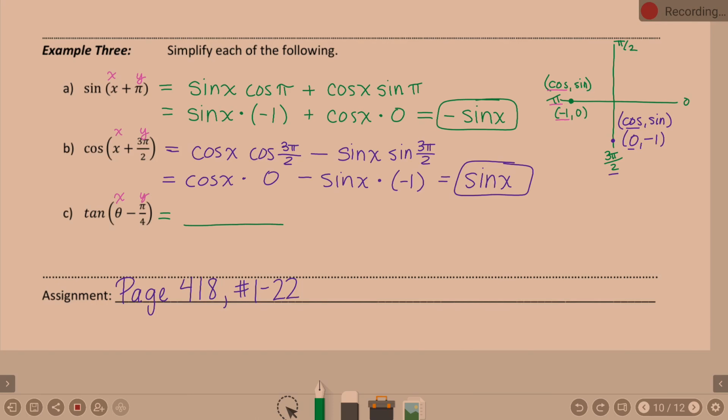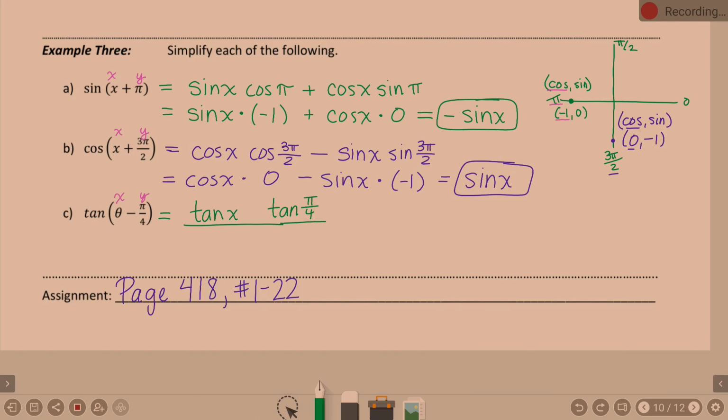This one we set up as a fraction. On top is tangent x plus or minus tangent y. So that means we're going to be doing tangent of x plus or minus tangent of pi over 4.